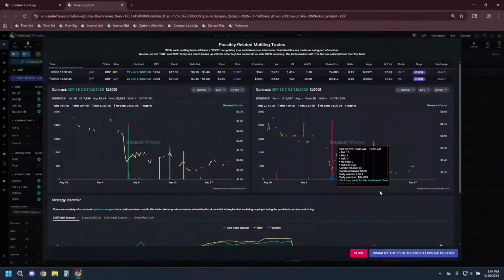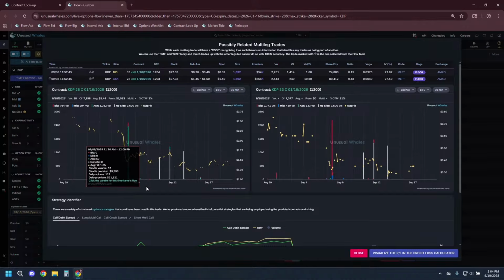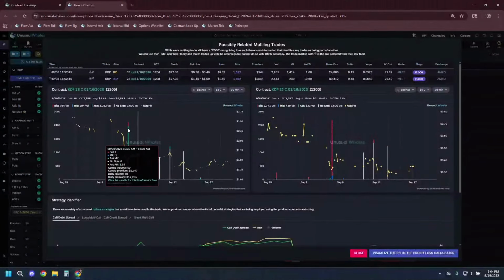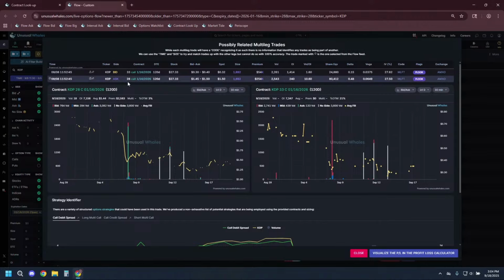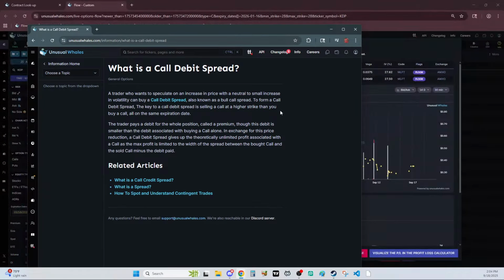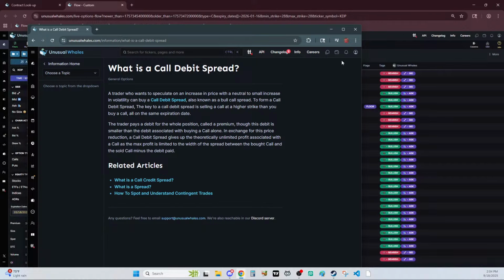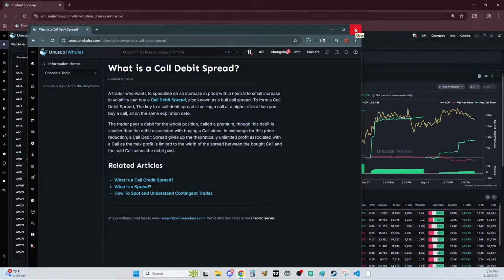We don't know the intent of this specific volume, but at least we know there is one call spread in play here, and it looks to be a bull call spread by the available data: the assumed long leg trading at the ask, the assumed short leg trading close to the bid. Not fully, but close. So that's KDP. Let's move on.